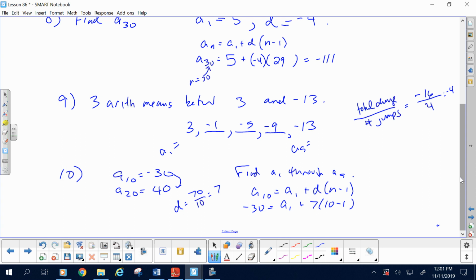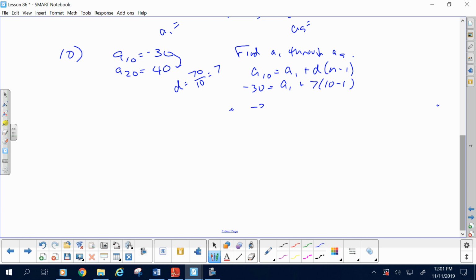Do you agree? So I could think of the first term as the 10th term take away 9 jumps of 7, which is 63. Again, I started doing my goofy way instead of just sticking with what will make sense to you. So negative 30 is A1 plus 63, right?